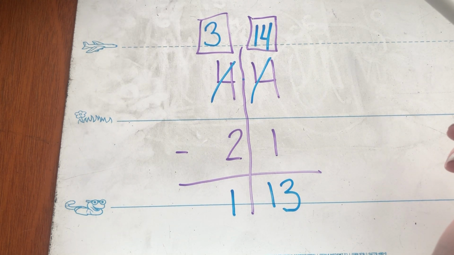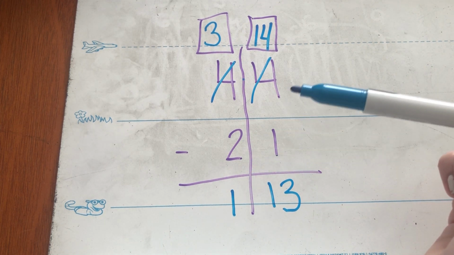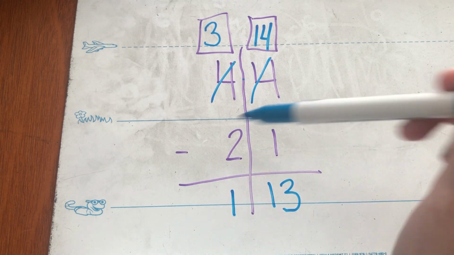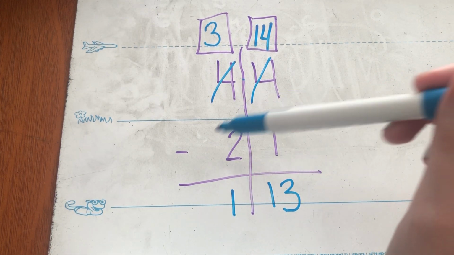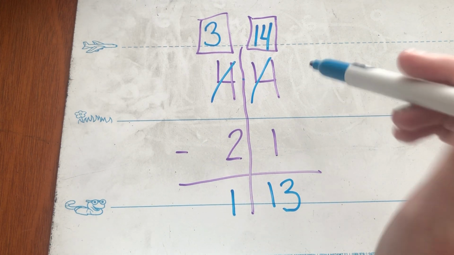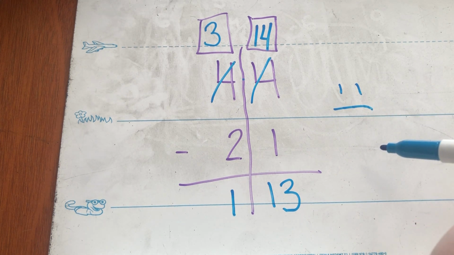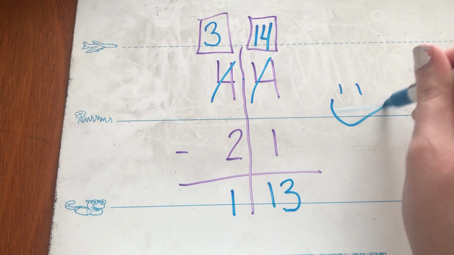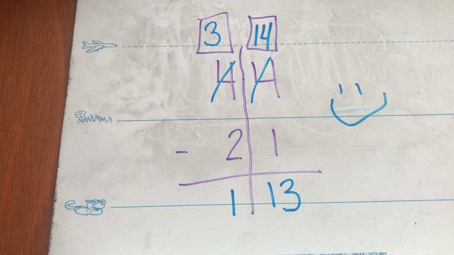So if you are not sure if you regroup or not, and you do end up regrouping when you don't have to, you'll end up with an answer that has 3 numbers in it, and you're going to know that, ooh, maybe I did something a little bit wrong. I should recheck. And you're going to go ahead and recheck. And you're going to be happy. All right, cool little detour.